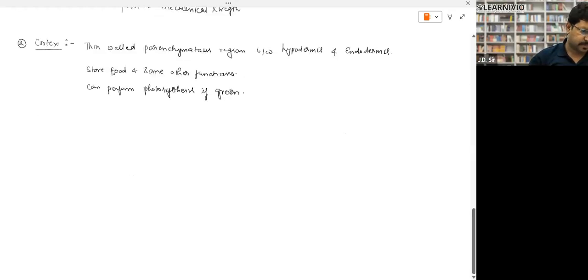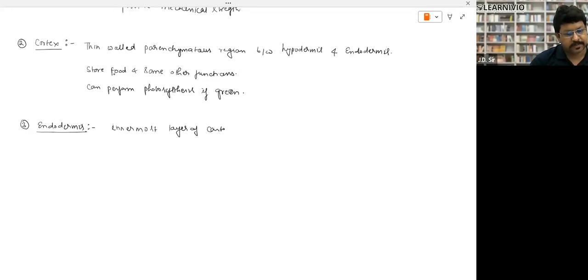Next, third one, that is endodermis. Endodermis is the innermost layer of cortex.